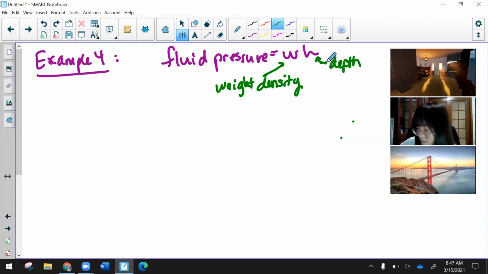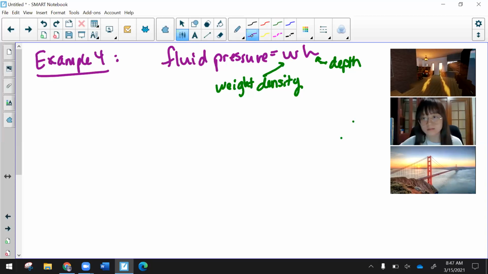And so basically example 4 is going to talk about a fish tank. And that fluid pressure that pushes out on the sides of the tank comes from this formula. And it kind of makes sense that the deeper you are, the greater the pressure would be, because there's a lot more water pushing down and therefore kind of pushing out. Because that water would like to be a nice flat puddle. Like that's what water does. Okay.